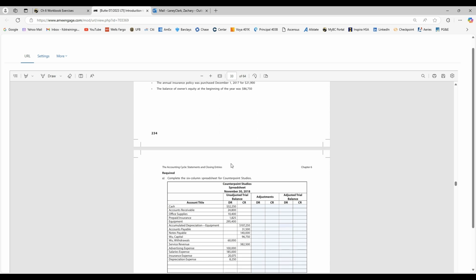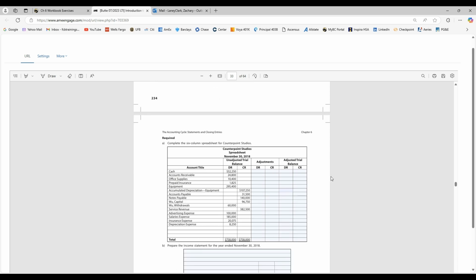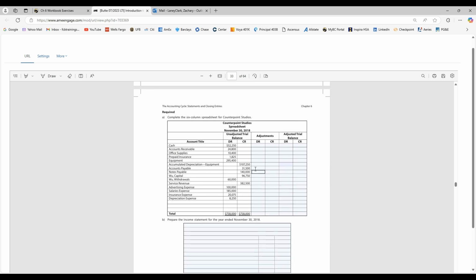So I think that's all the specific nuances of this problem. You'll want to input all those adjustments like we've done in chapter 5, and carry those over. And like I said, I'll give you some totals here so you can check yourself when you're done. The total of all the debits and credits for the adjustments should be $11,175.